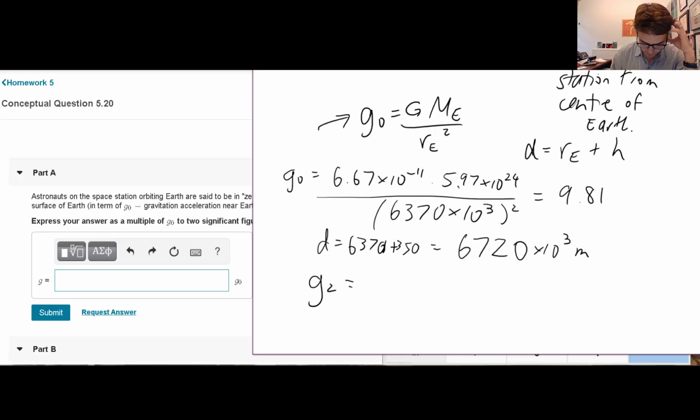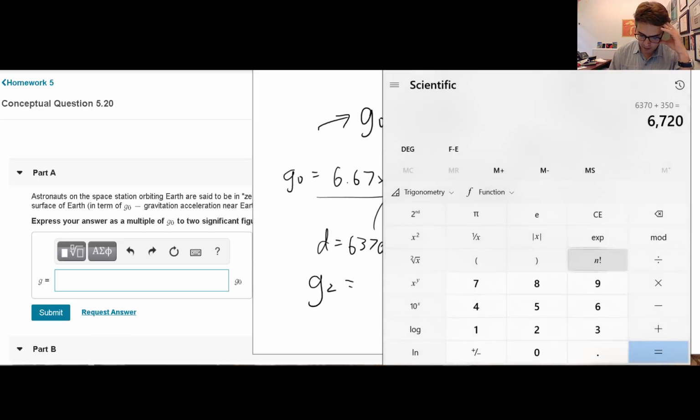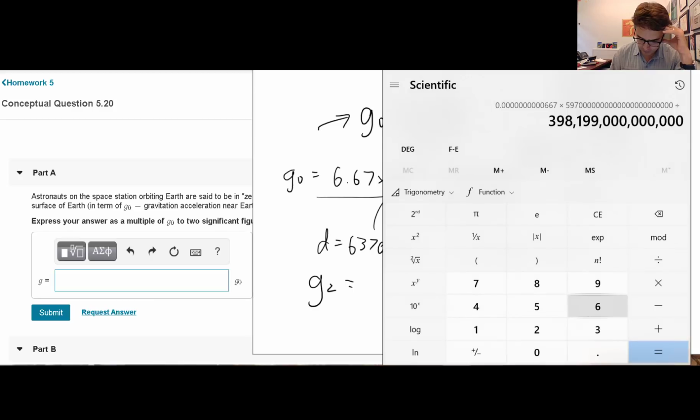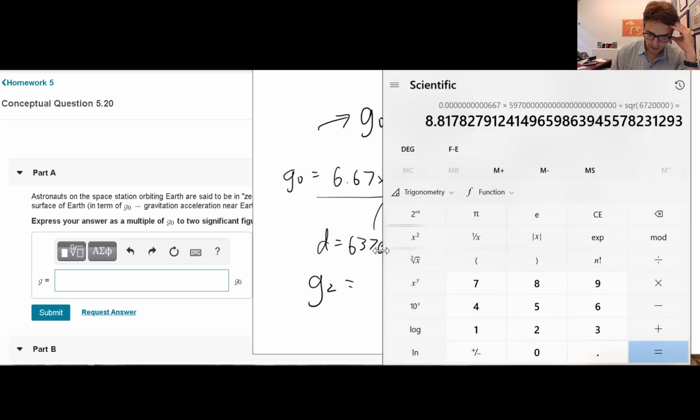Then what we get is, I guess we have to make this g2 is equal to, let's go back to my calculator, G, which is 6.67 times 10 to the minus 11 times 5.97 times 10 to the power positive 24 divided by 6720 times 10 to the 3 squared equals 8.818, it looks like.